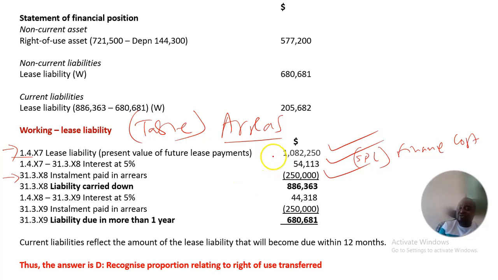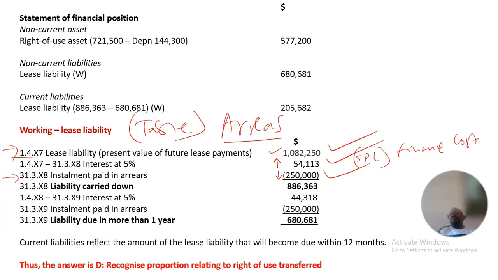So what I wanted you to see was that the liability started at one point, but it has been increased by the interest charge, which is then going to be decreased by the amount of the installment.